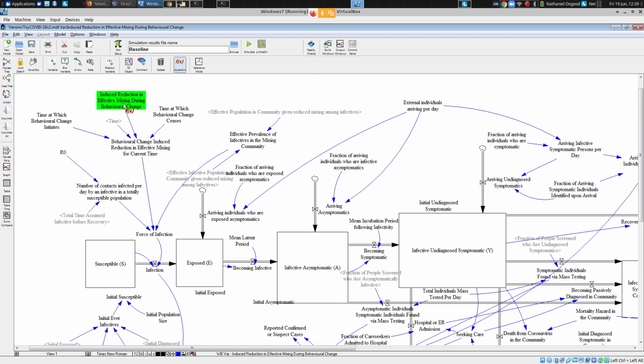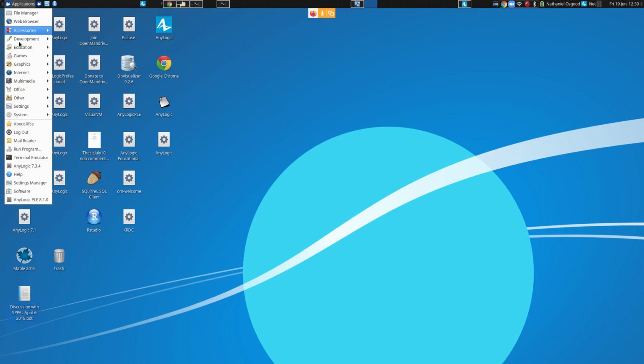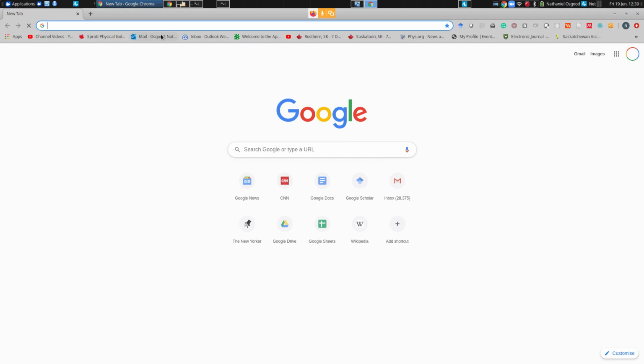How much that reduced the number of contacts per day, for example, that the average person in the population experiences. So broad brush interventions like that can be readily handled. By contrast, when it comes to more fine-grained interventions, we will often turn to agent-based modeling.